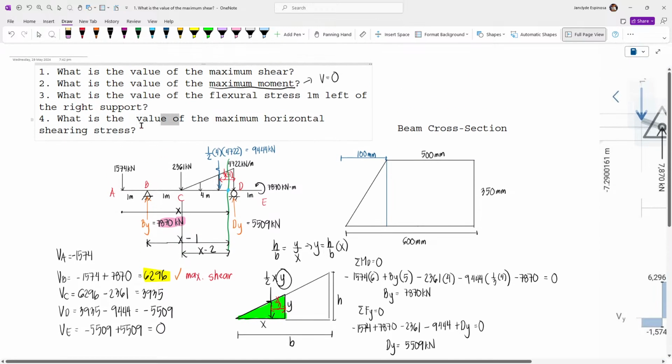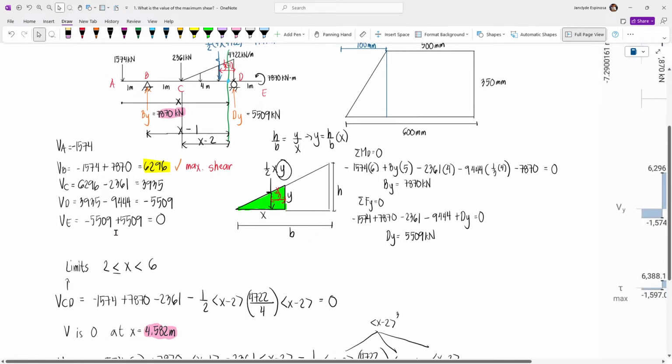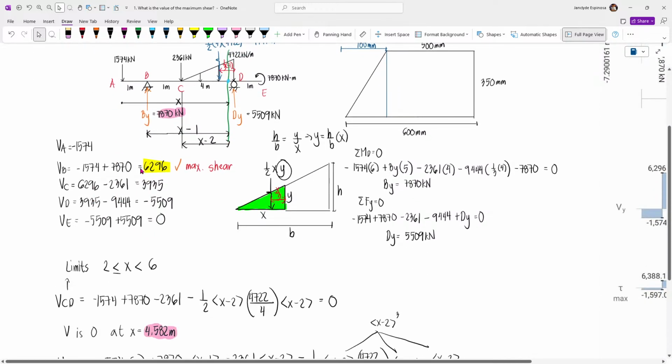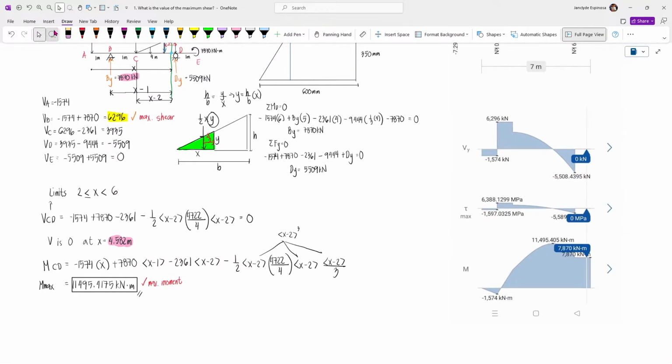For the maximum horizontal shearing stress, you should use the maximum shear. The maximum shear is 6296. So in VQ over IB, the V you use is this value. So I'll copy it.